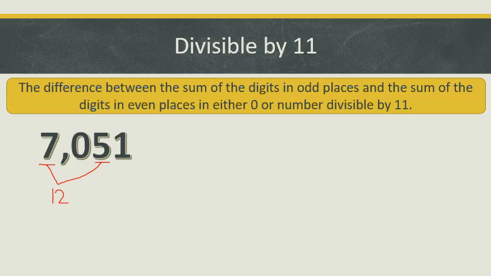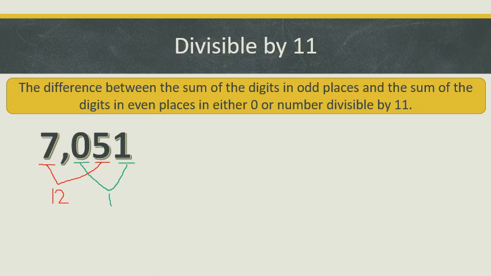And then, color green naman po yung gawin natin sa even places. So, ang even dito ay yung 2, 4, 6, 8. So, yung pangalawa. So, 0 and 1. So, siya naman ang ipag-a-add natin. So, 0 plus 1 is 1. Ngayon, nakuha na natin yung dalawang sum.